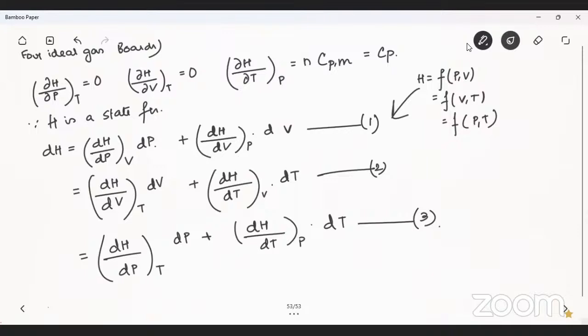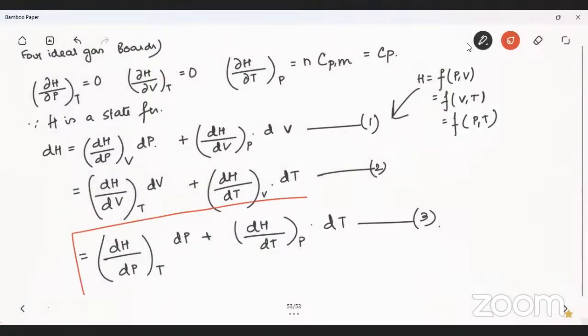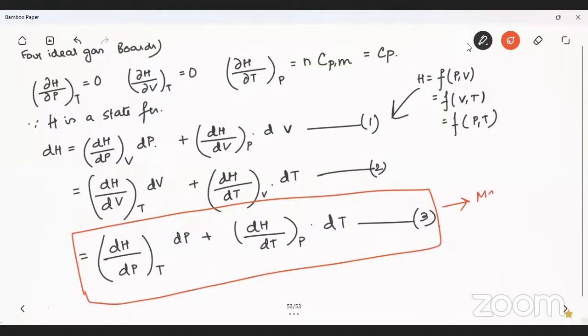So out of these given equations, which equation do we use more? This. Out of all the given equations, this is maximum used for your numericals.